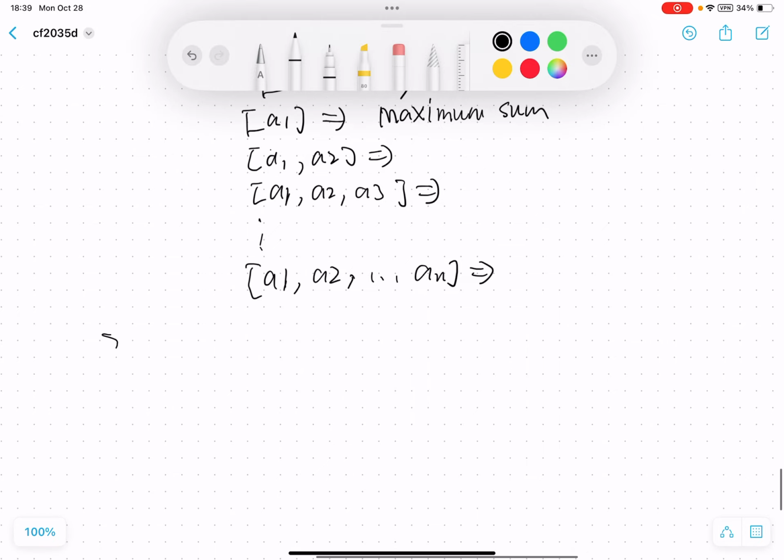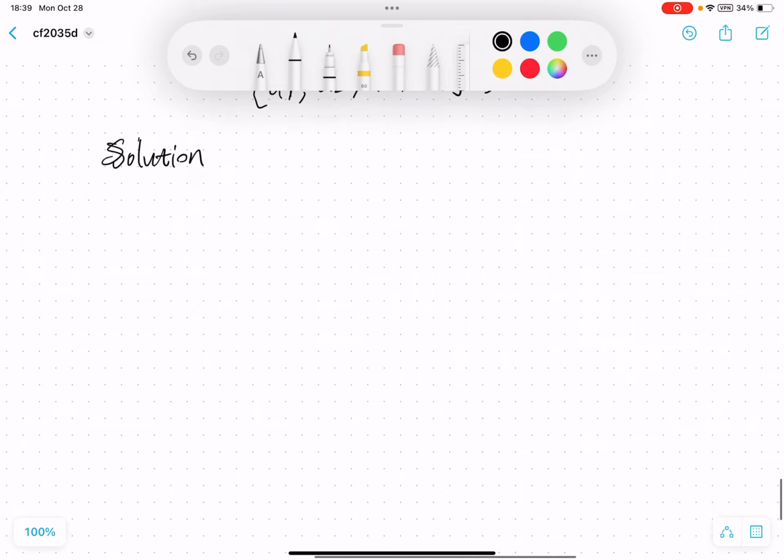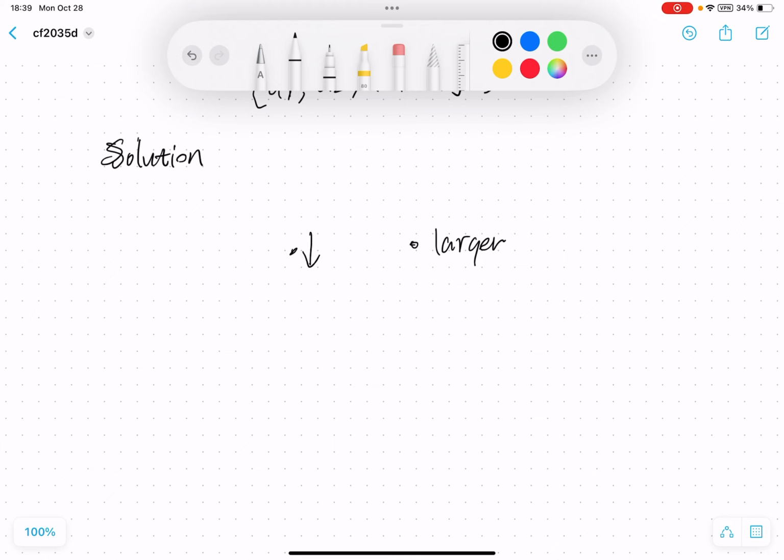Next part, let's talk about the solution. First, a brief concept about this problem. If the second value is larger than the first one, what we need to do is make the first one as small as possible and the second one as large as possible.